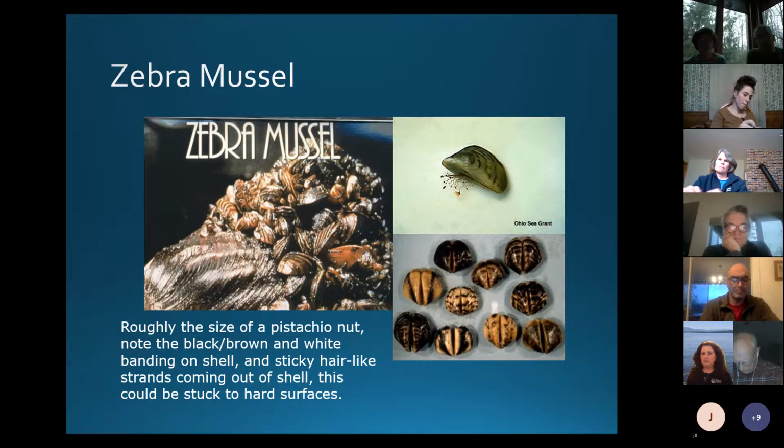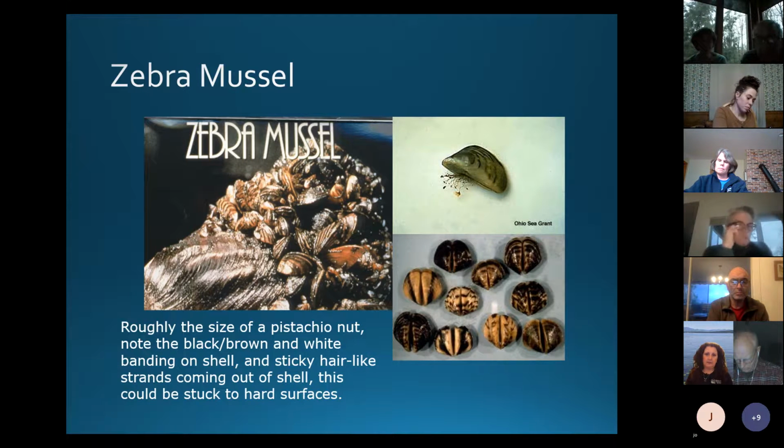The zebra mussel, we don't have yet in New Hampshire. It's in Massachusetts and Vermont, the closest states to us. And this one is about the size of a pistachio nut. You can see all the shell variations here: black and brown, tan and brown, black and white, some type of stripe pattern to it.